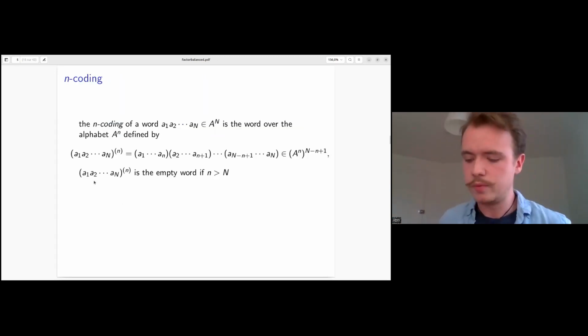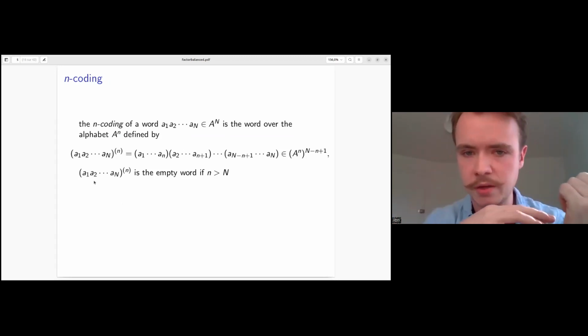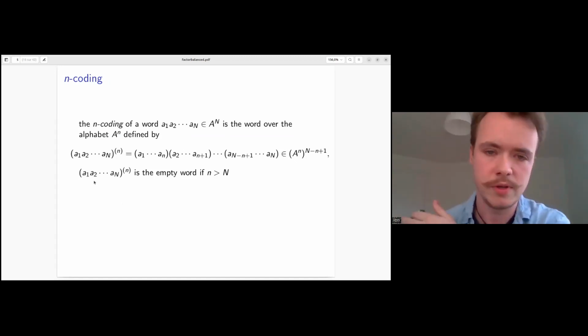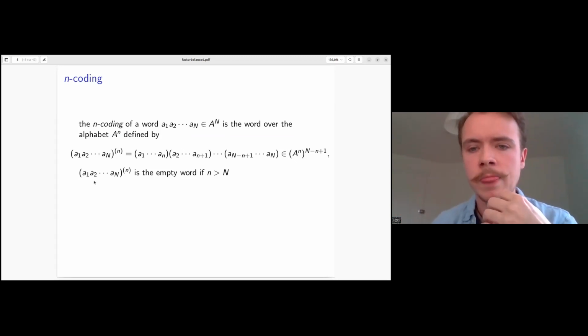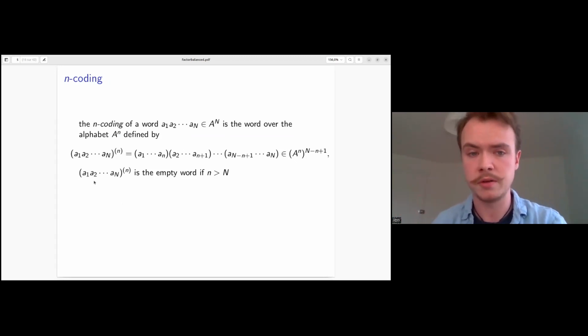The other notion that we will use during our demonstration is the notion of encoding of a word. If you take a word a_1, a_2 to a_N, so of length big N, you can define the encoding of that word as taking the successive chunks of length small n of that word.